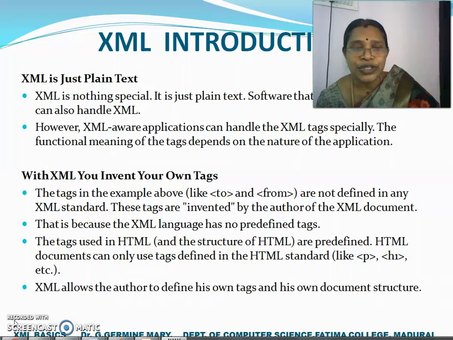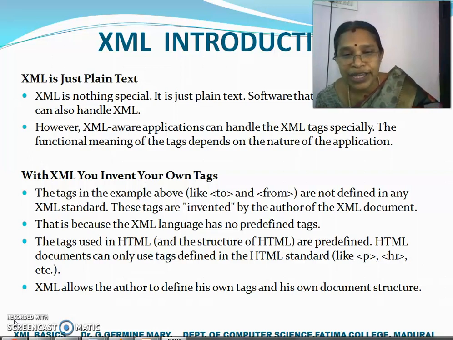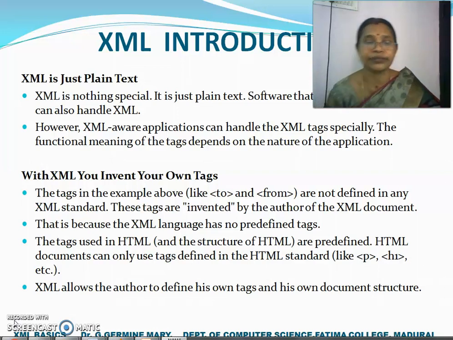The tags used in HTML are all predefined. HTML documents can only use the tags that are defined in the HTML standard, like p, html, form, table, etc. XML allows the author to define his own tags and his own document structure.